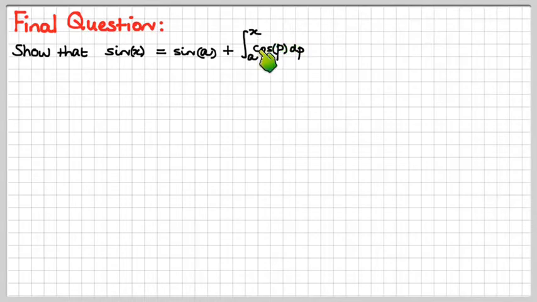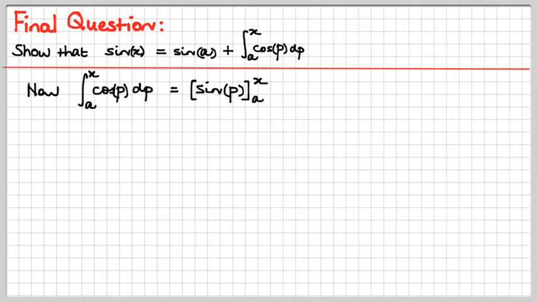Now, this is just a dummy variable, guys. This will become very clear in a moment when I just re-express this a little bit in a way that you will get, right? Based on what we've just been doing earlier, we can say that the integral of cos of p with respect to p from a to x, right, this is just a dummy variable, that'll be sine of p evaluated between a and x, yes, which would be sine of x minus sine of a, okay?